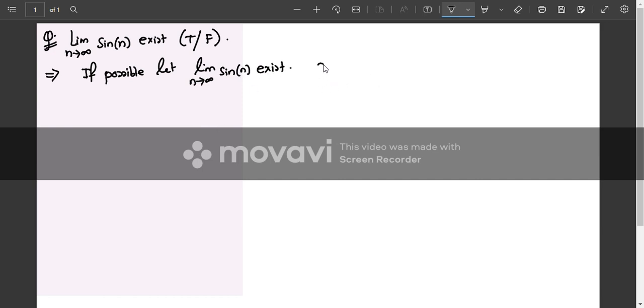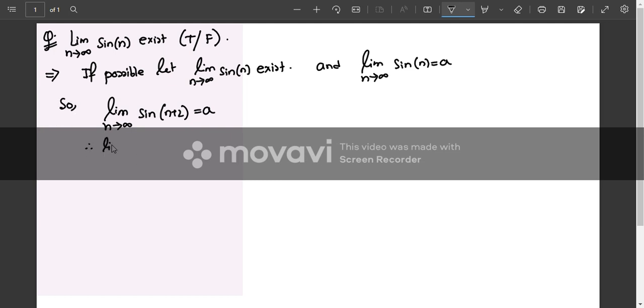And let the limit as n tends to infinity of sin n equal a. Okay, so the limit as n tends to infinity of sin(n+2) will also be a.